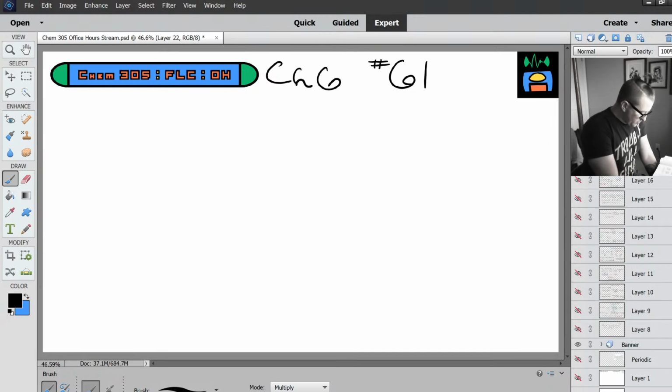So for the chemical reaction, write the conversion factor that would be needed to do each of the following conversions. All right, and so they give us a chemical reaction.